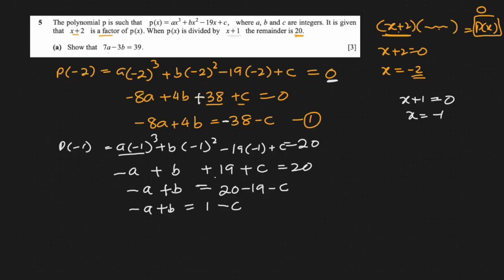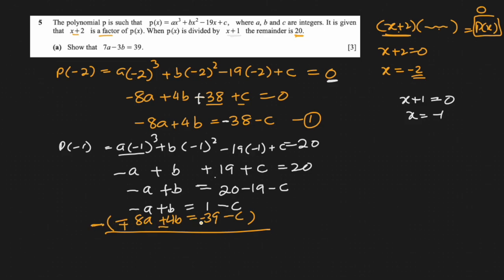Okay. Now our target is to get 7a. That means we will have to subtract minus 8a plus 4b from this so that we get positive 7a. So we'll write minus 8a plus 4b equal to minus 38 minus c. We'll subtract this whole equation from the second one. So when we write minus, that means all of them will change their sign.